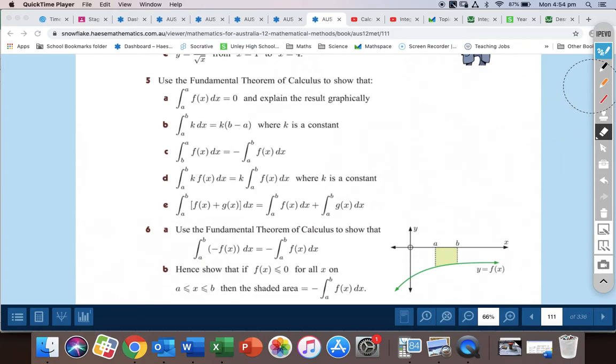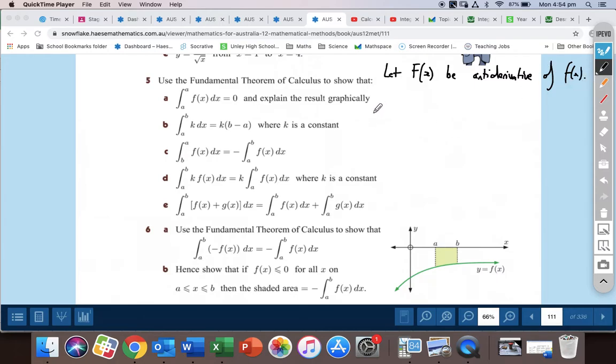And how could we show it in a bit more formal manner? So you might want to actually start off by just saying, let capital F of x be the antiderivative of f of x.